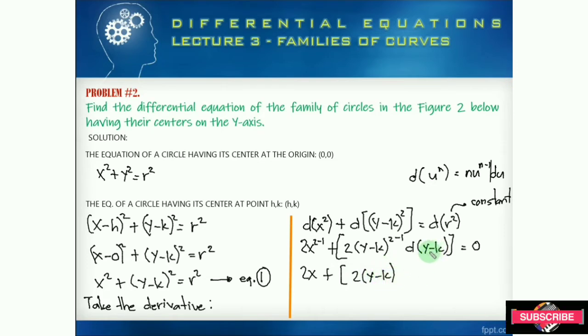Then the derivative of y is simply dy over dx, or we can directly say it is the derivative of y, minus the derivative of k. Okay, so we may assign here this one, and then equal to 0.